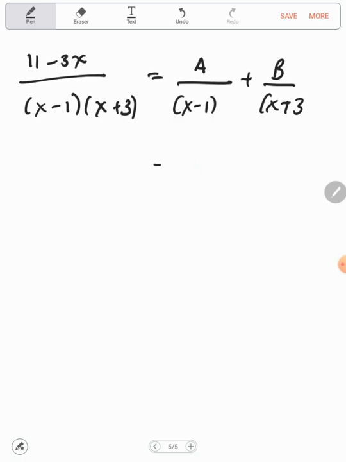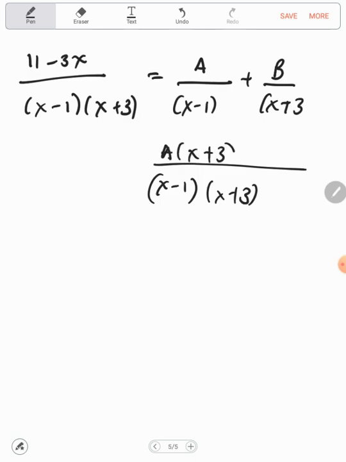When we make it into a single fraction, we have x minus 1, x plus 3, and on top A multiplied by x plus 3 plus B multiplied by x minus 1.